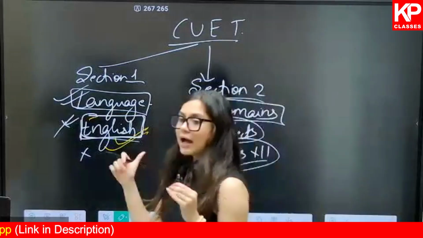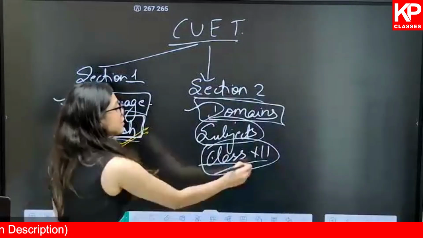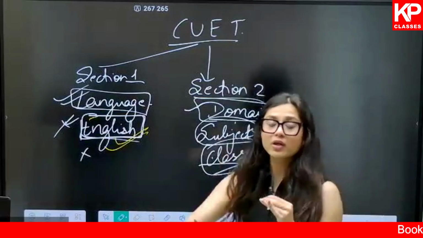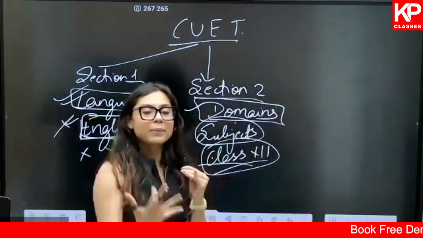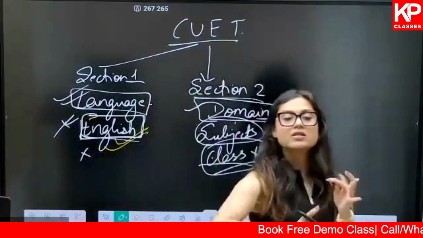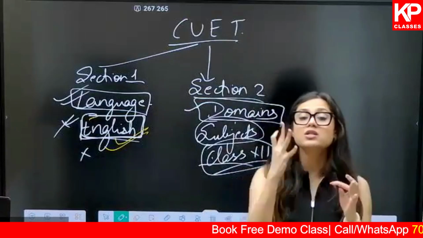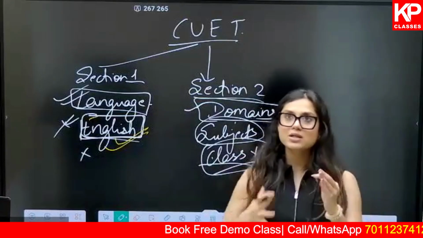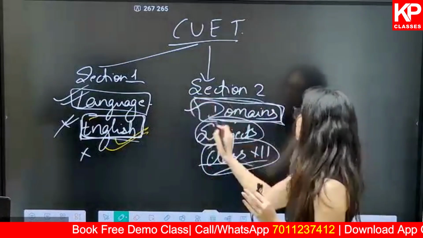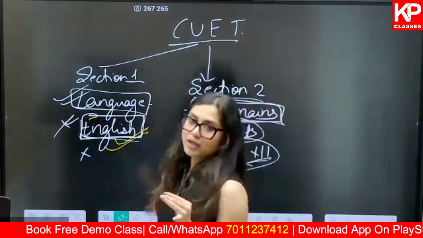Then domains. Domains is nothing, again, as I have told you, but the subjects that you are studying in class 12. It can be psychology, geography, political science, history, PE, or you can have various commerce subjects like business studies, economics, accounts with psychology, business studies, accounts with sociology. So all these subjects are your domains, your class 12 subjects.